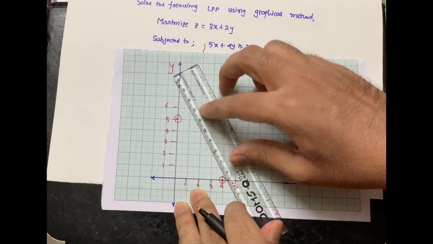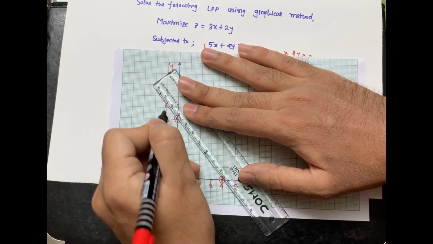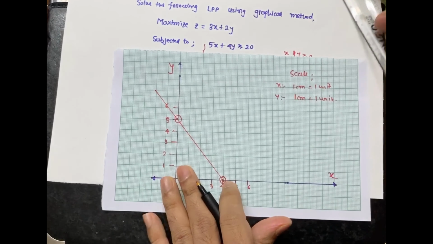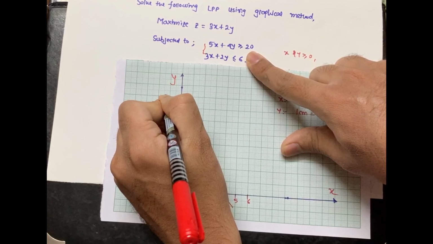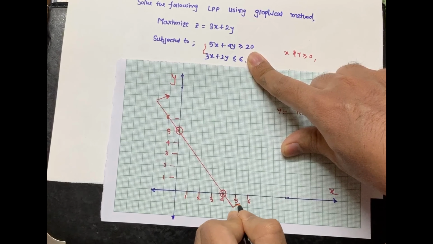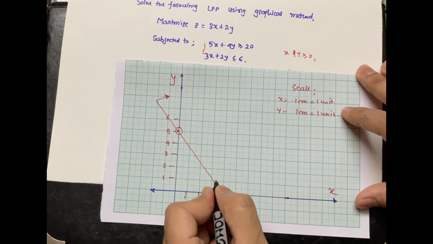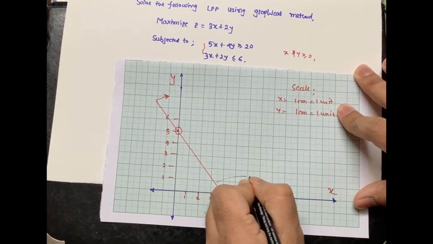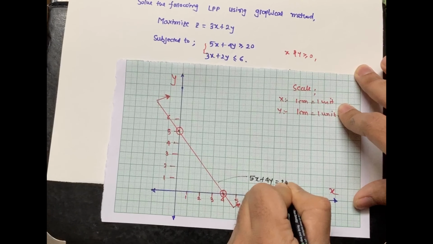Connect these two coordinates. The inequality sign here is greater than or equal to, meaning the feasible region that satisfies this condition is above this line. This line represents 5x plus 4y equals 20.